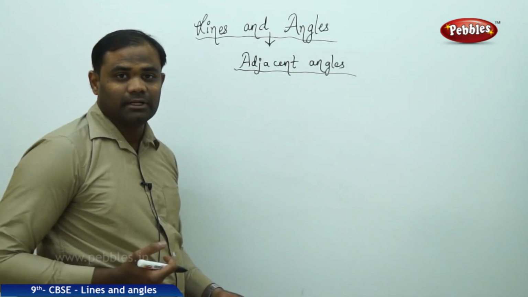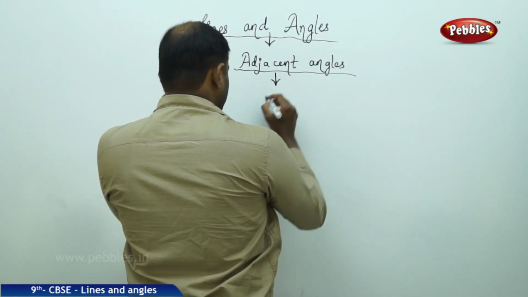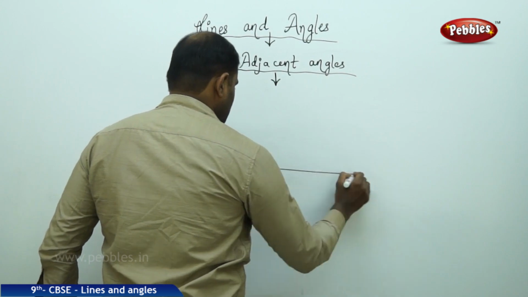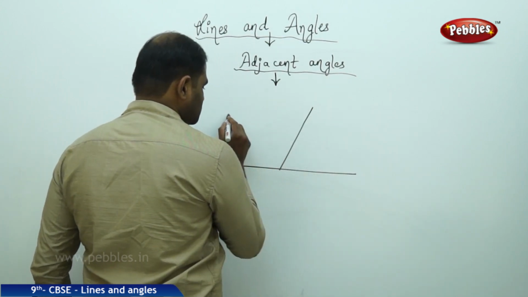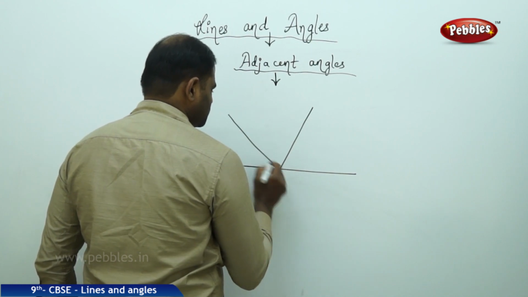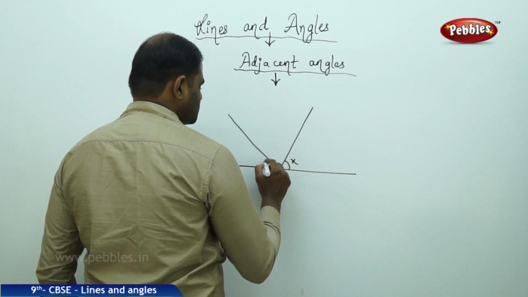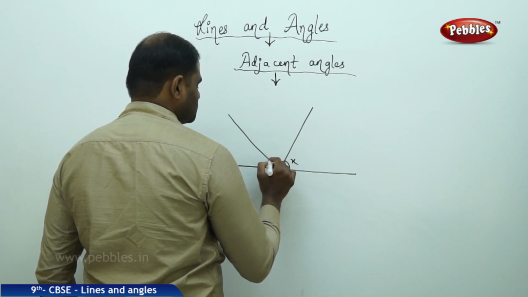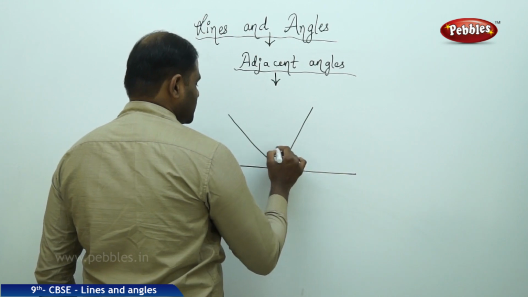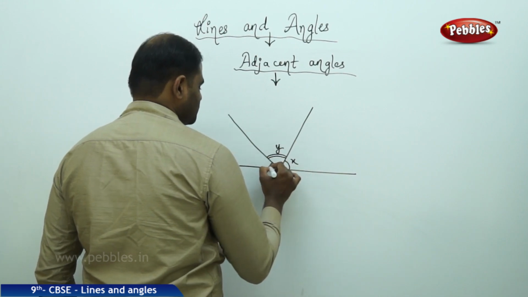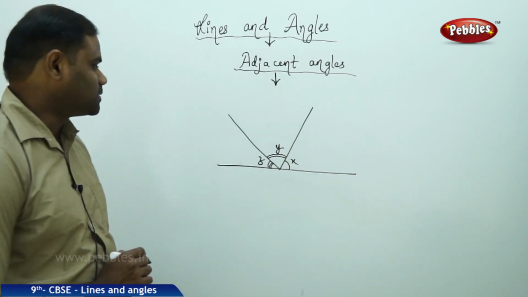For example, let's take an example case. I have two lines here, where this angle is X, this angle is Y, and this angle is Z.